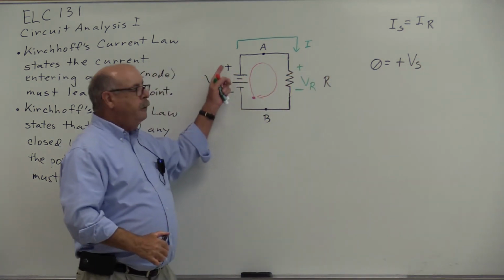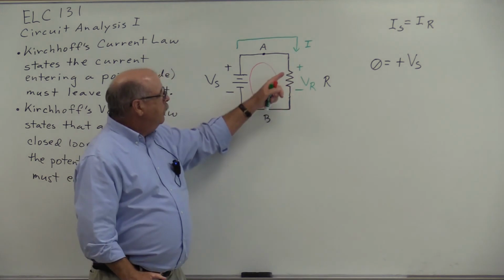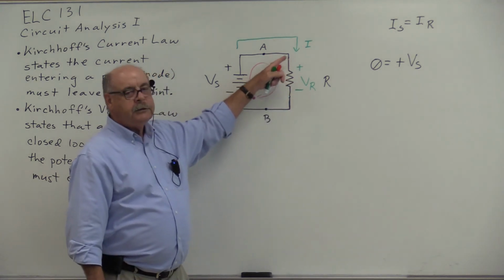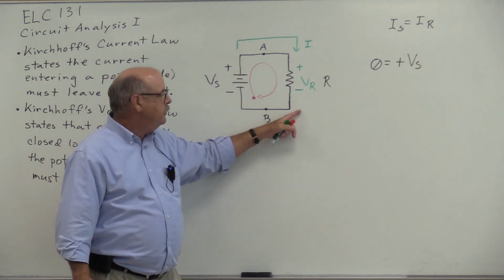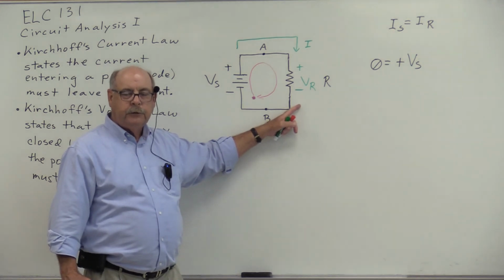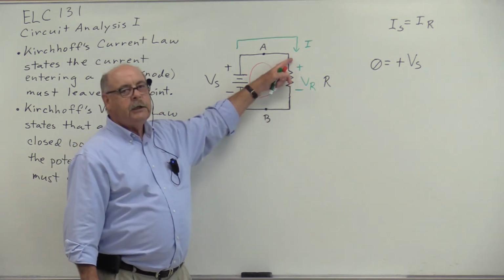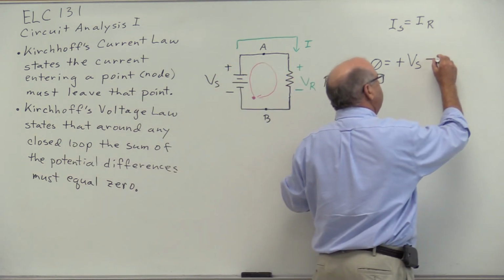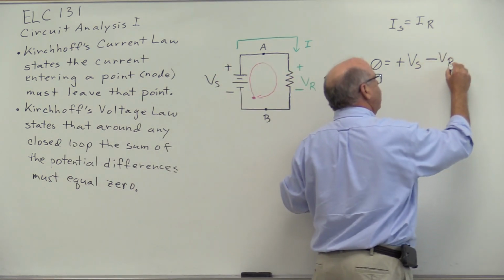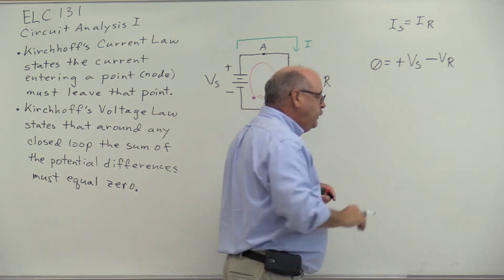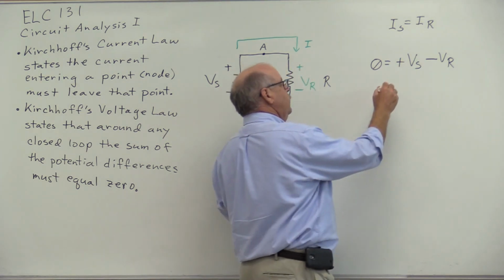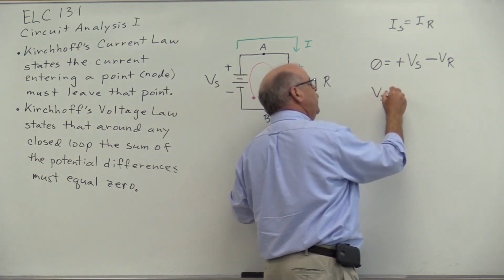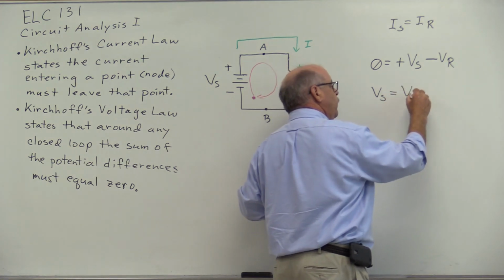Now, as I continue around this closed loop, we come to a positive to negative difference across the resistor R. VR is a drop in voltage, so I'm going to record this as minus VR. And if I rearrange this equation, I end up with Vs equaling VR.